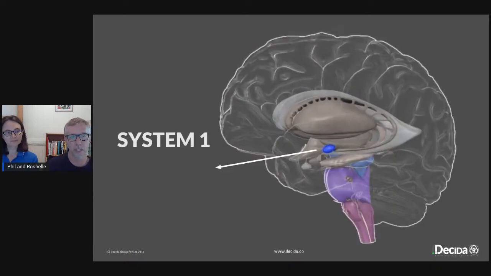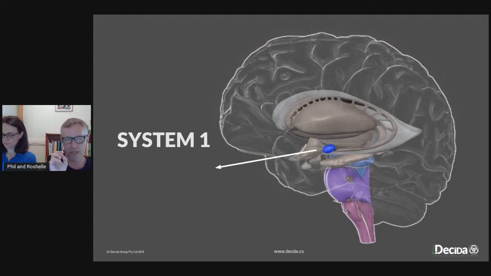So what they found was that System 1 was named System 1 because it's the primal part of the brain that gets developed first. You'll see there's a little blue dot there. That's your amygdala. That's a really important thing. You see how deep it is inside your brain? That is what they call the fear center.